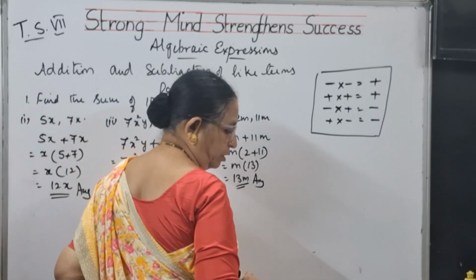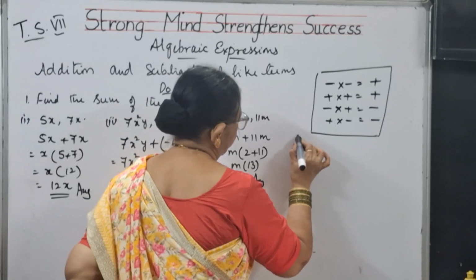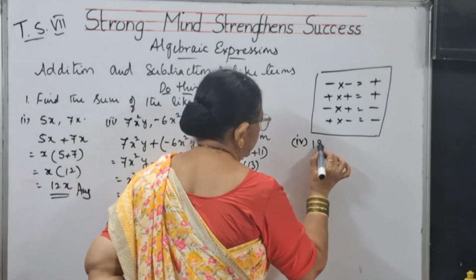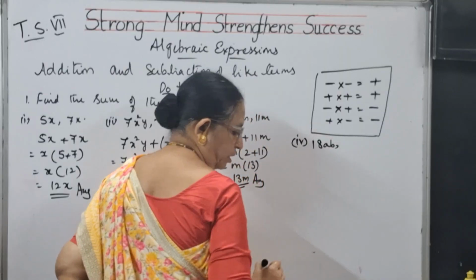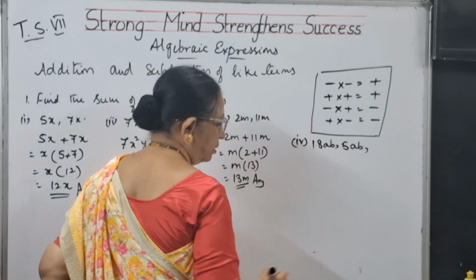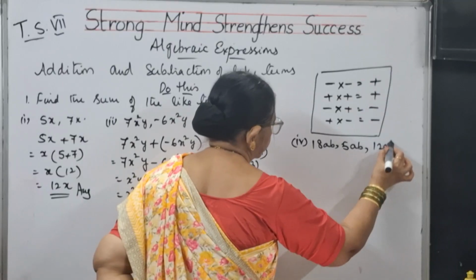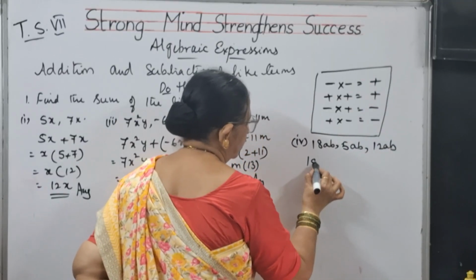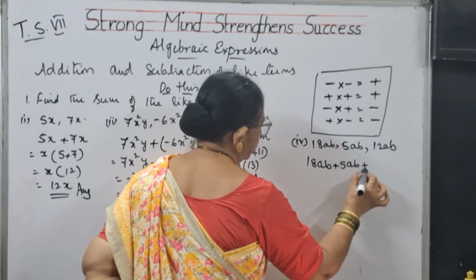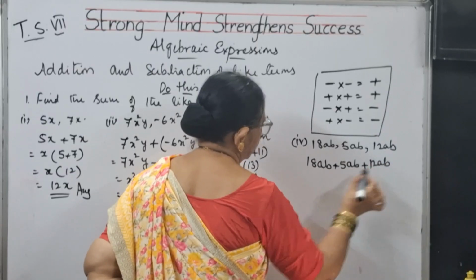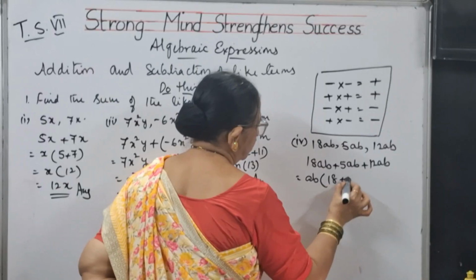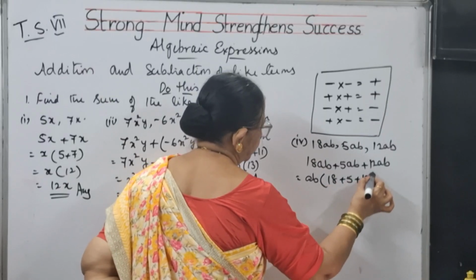Now you have the fourth bit. I'll write fourth here. Fourth is 18AB, 5AB, 12AB. That means I should write 18AB plus 5AB plus 12AB. In all these, AB is common, 18 plus 5 plus 12.